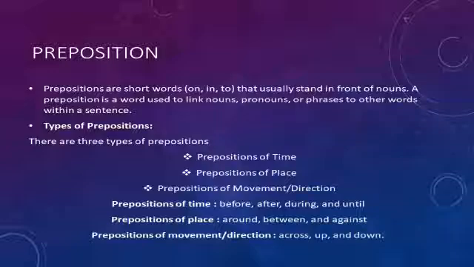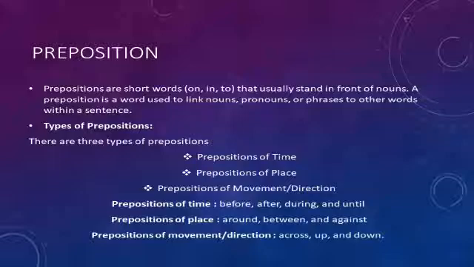There are 3 main types of prepositions: prepositions of time, prepositions of place, prepositions of movement or direction. Prepositions of time. These prepositions are used to refer to time in various aspects. For example, it can be months or years, a particular time of a day or a month or a year, or it can be a century or a specific time in past or future.